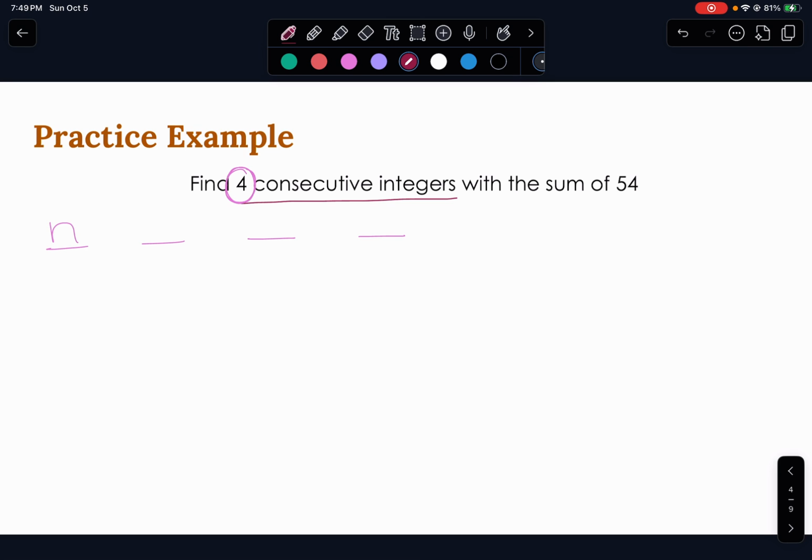Well, if I want consecutive integers, that means I want one after another. So that means I can write n plus 1, n plus 2, n plus 3. Because let's just say we don't know what it is, but let's just say n, our first number, was 5. Well, 5 plus 1 gives me 6, 5 plus 2 gives me 7, 5 plus 3 gives me 8.